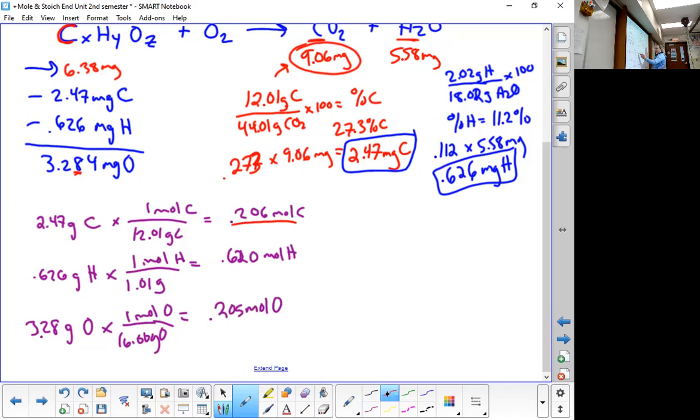And then we're going to divide each one by 0.205, the smallest mole amount. You're going to get 1 carbon, 1 oxygen, and 3 hydrogens here. So the empirical formula is CH3O. That's the empirical formula from this compound.